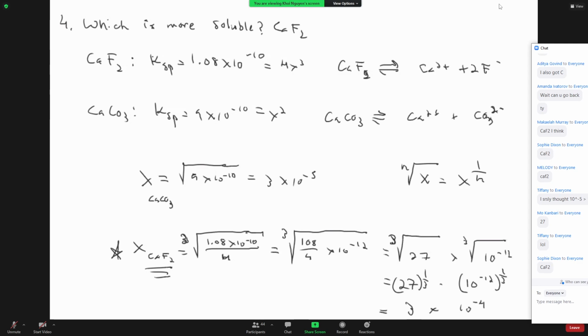So depending on your chemical species, when you have two chemical species that have the same number of ions, you can just simply look at their KSP, right? Because you're doing the same manipulations to them, whether it's square root, cube root, quartic root. Divide by 4, divide by 27, you're going to do the same thing. So then you can just look at their KSP.